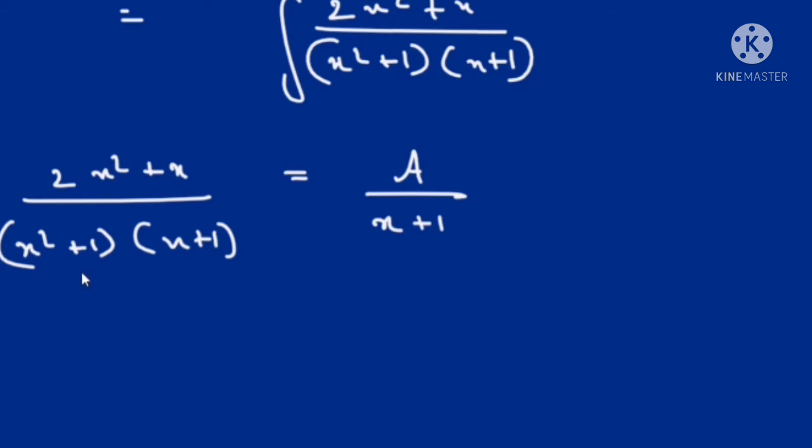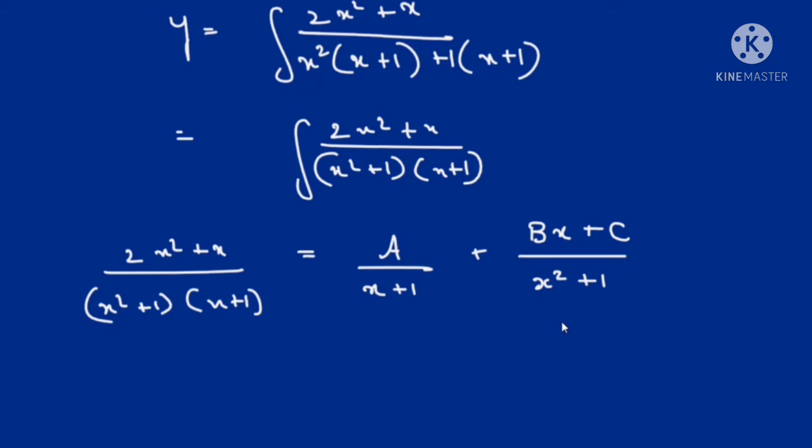Now this is a quadratic factor. If you try to factorize it, you cannot factorize. There is no solution in the real number system. So when you cannot factorize this, the numerator should be written as a linear factor. So you should write bx plus c. So a by x plus 1, bx plus c you have to write, because the quadratic factor you are not able to factorize.